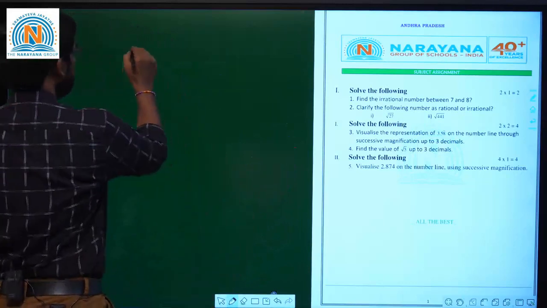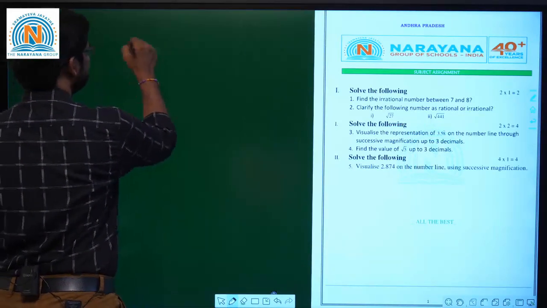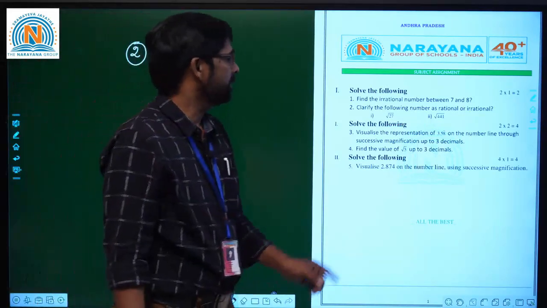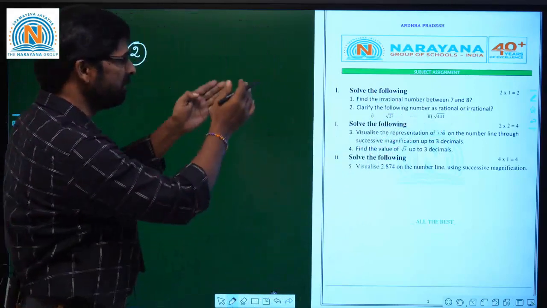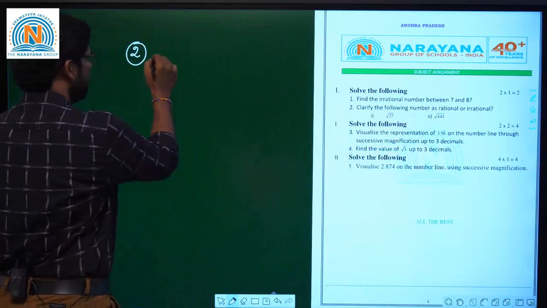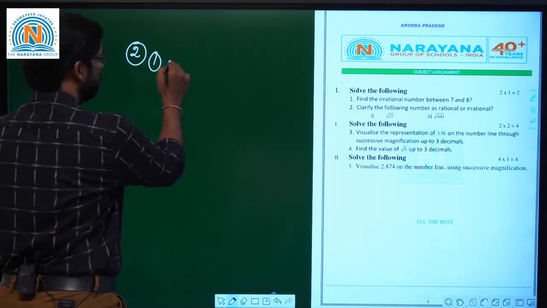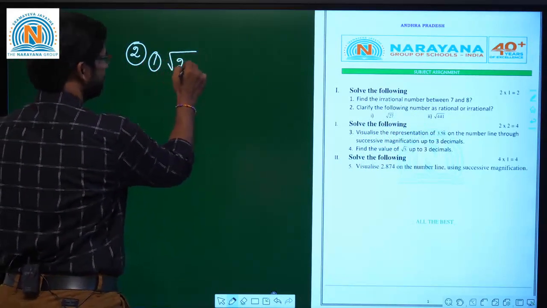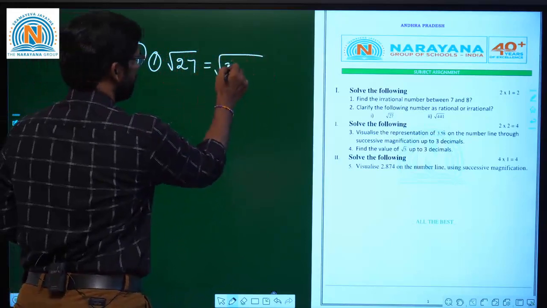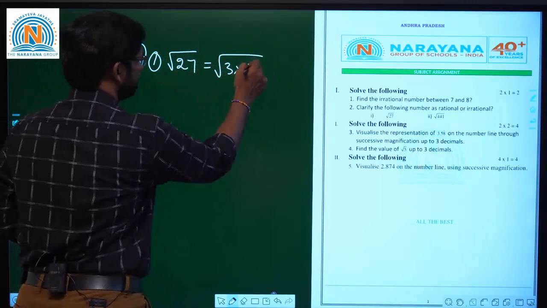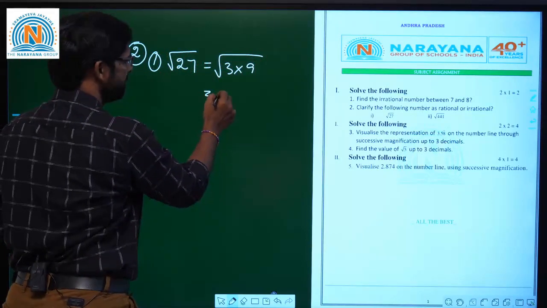Next question. Classify the following numbers as rational or irrational. There are 2 numbers given. In the second Roman, first one is root 27. Root 27 can be written as root of 3 into 9. 3 9s are 27.